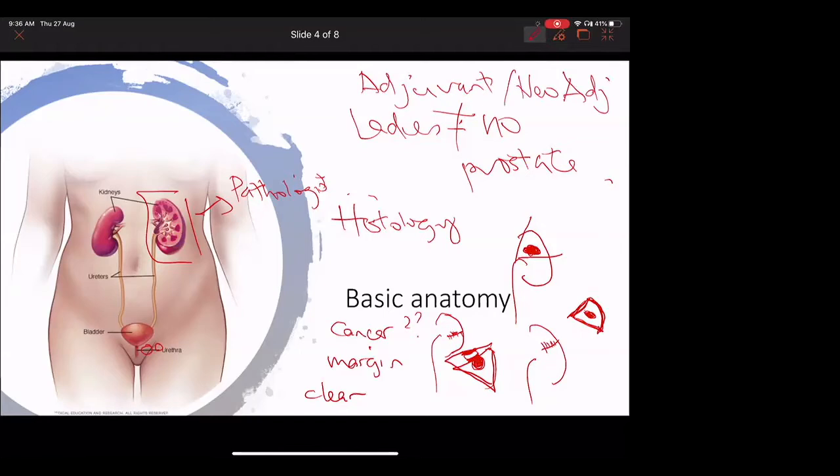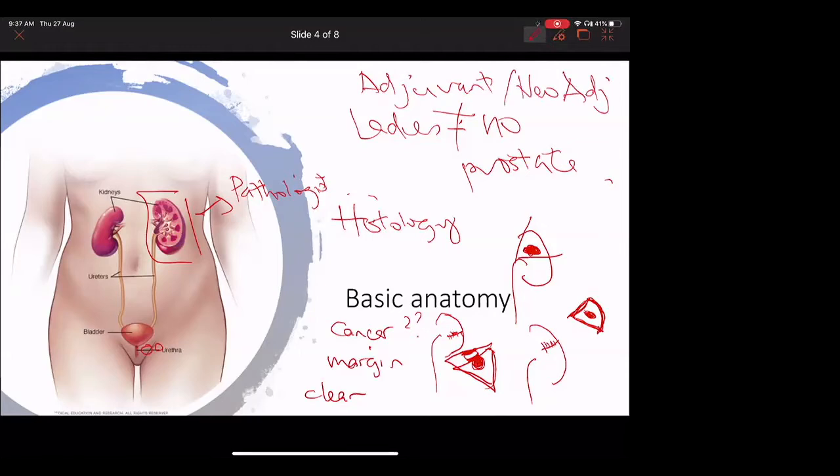So when you have a positive margin, you need to go for adjuvant therapy. Adjuvant just means adjunct. It's assisting. The root word is adjunct. So adjuvant therapy means that even though the cancer has been taken out, you need to go for adjuvant therapy. That means not over yet, still have something to do.